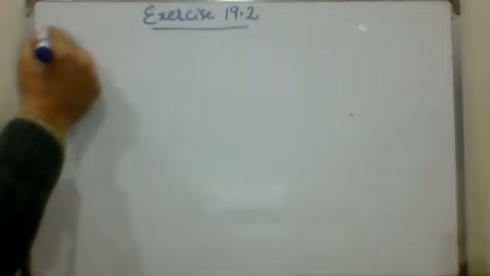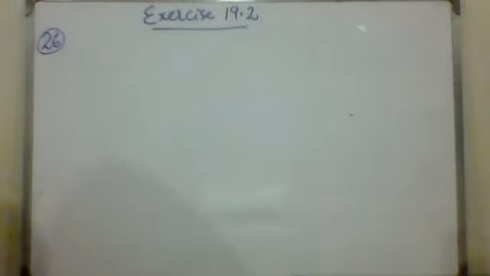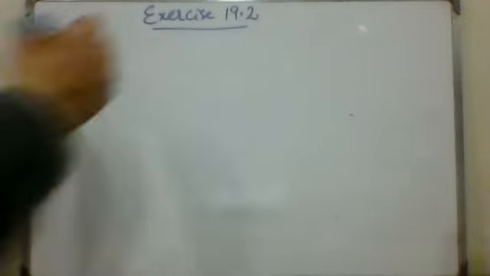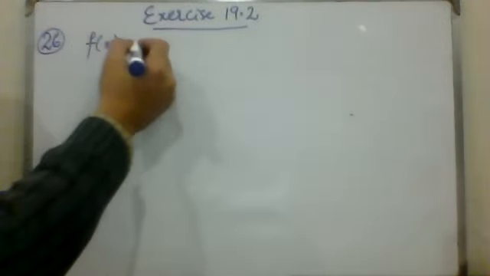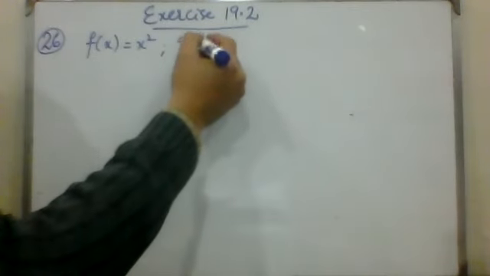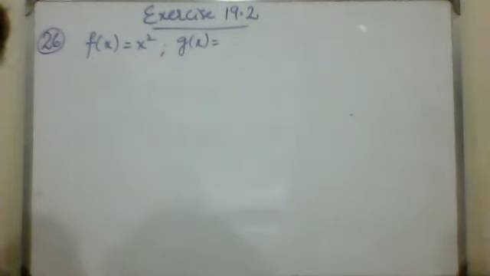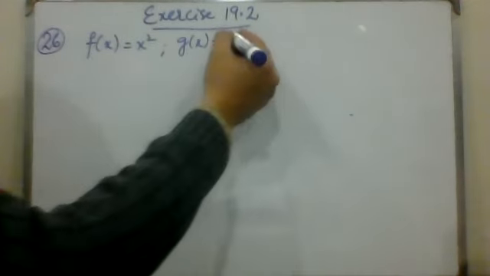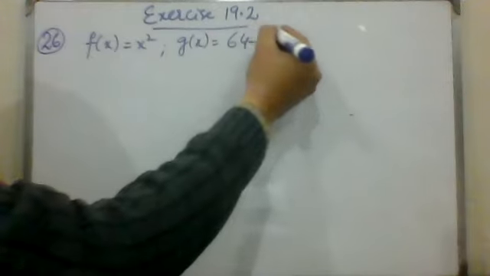So here question number 26 from the exercise, let's say that f of x is equal to x square, g of x is equal to 64 minus x square.